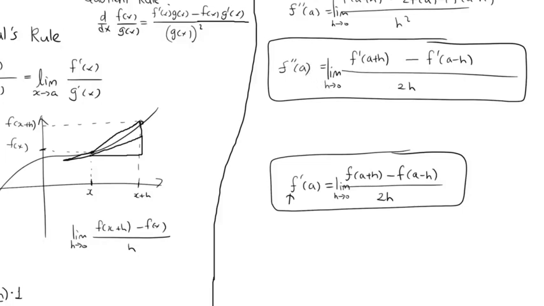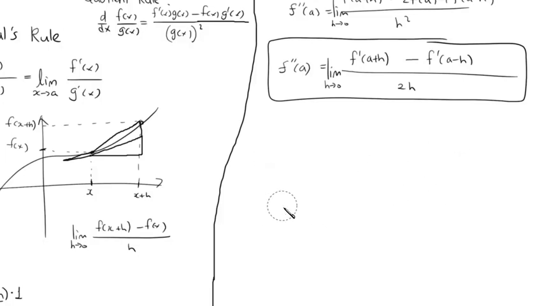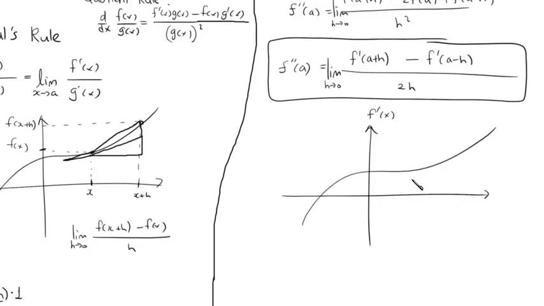if I just draw a diagram actually. So you can do the same thing over here. So draw axes, and now this one is f dash of x, and you get this function, and over here is a, over here is a plus h, over here is a minus h, and yeah, I think you get my point, right?